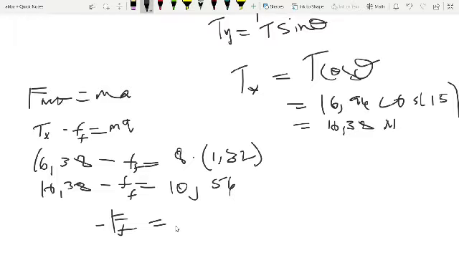How much do we get there? We get negative 5.82, right? Divided by negative, you're going to have f, which equals 5.82.